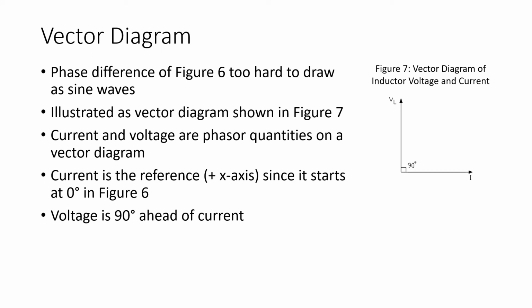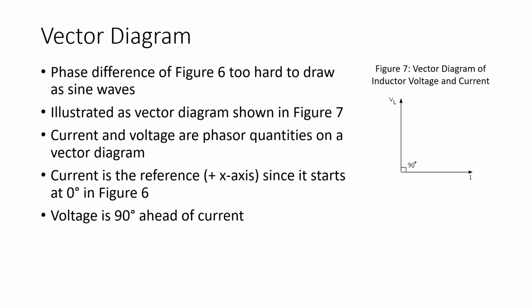On this vector diagram we represent current and voltage as what are called phasor quantities. If we look back at figure 6, we see that current was the sine wave that started at 0 amps at 0 degrees. So on this vector diagram, we're going to use current as the reference.